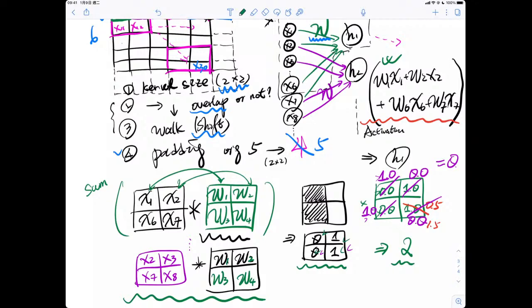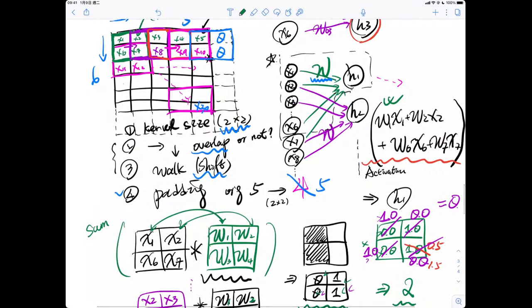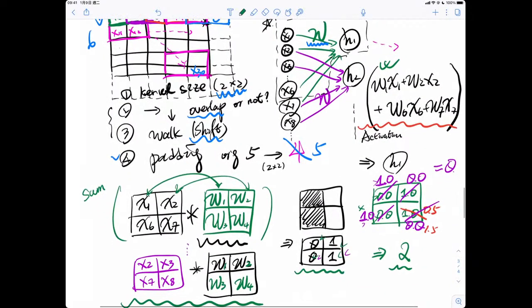If the weight is exactly the same as x1, 2, 6, 7, the output value will be very large. If the weight compared with 2, 3, 7, 8 is totally different, the output result, for example right here, will be very, very small.